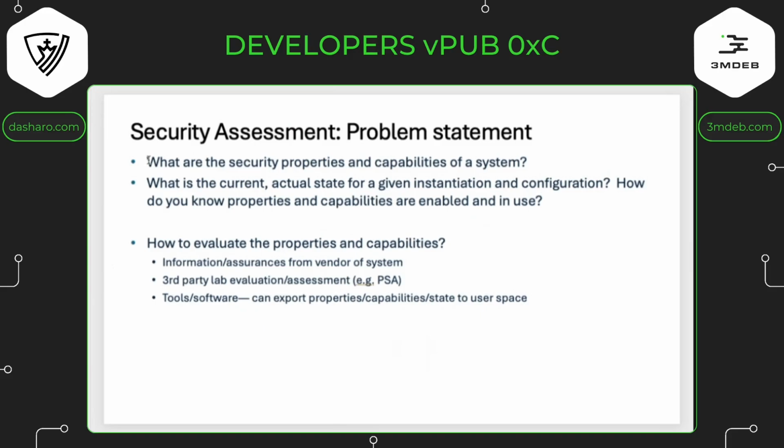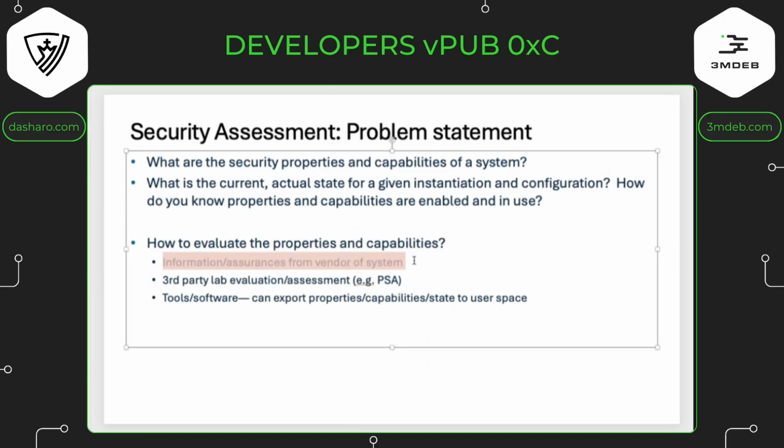One thing you could do is the vendor of the system could give you an assurance. So, one answer to this is, well, the vendor will tell you what the mechanisms and capabilities are, and you just have to trust them, which I guess is not ideal. Another approach could be a lab-based assessment.